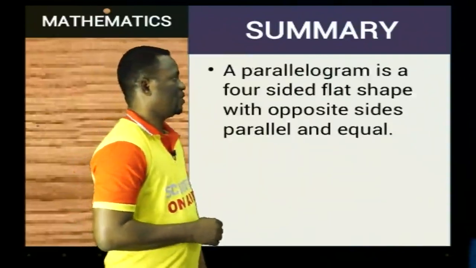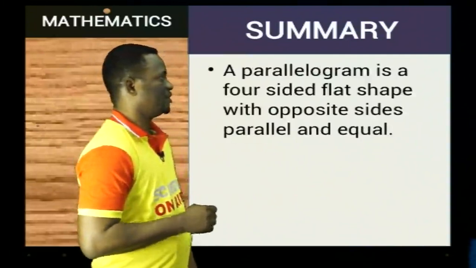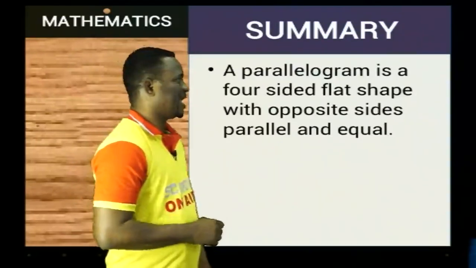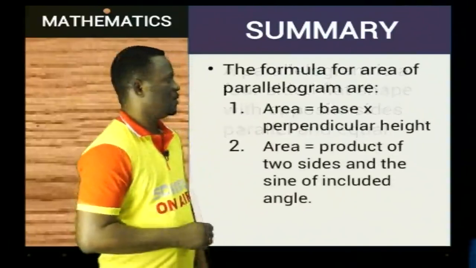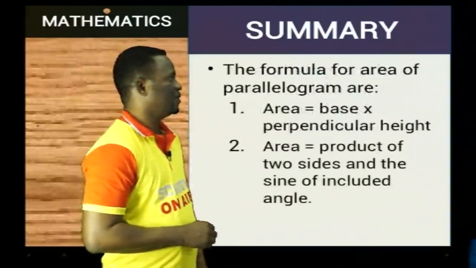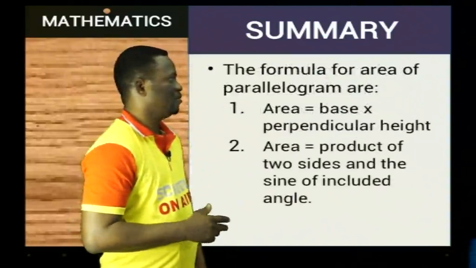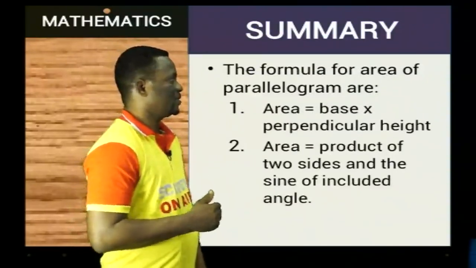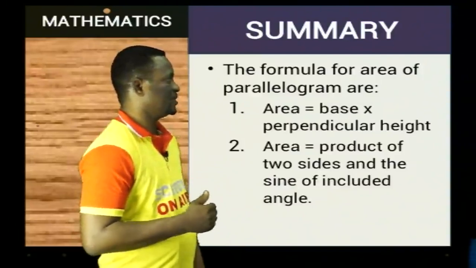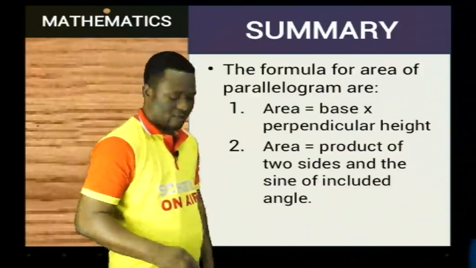Then, a parallelogram is a 4-sided flat shape with opposite sides parallel and equal. Now, another one, the formula for the area of a parallelogram: area is equal to base times perpendicular height, while in the second case, area is equal to product of 2 sides and the sine of included angle.